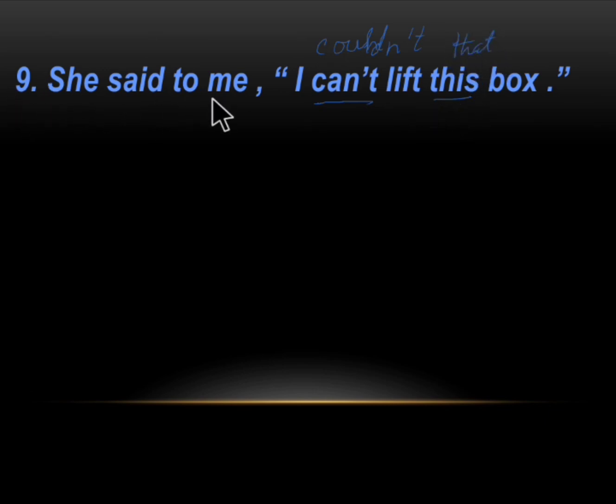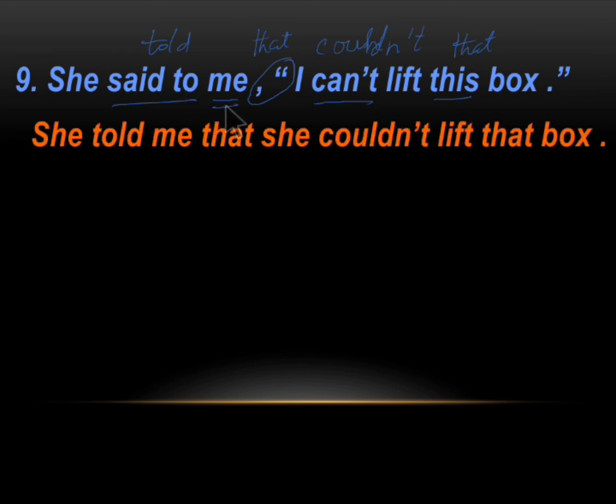She said to me, we have the listener, and so said to will change to told. Here we remove the punctuation and we insert the connector to connect the reporting part and the reported part. Now let us see the indirect speech. She told me that she couldn't lift that box.